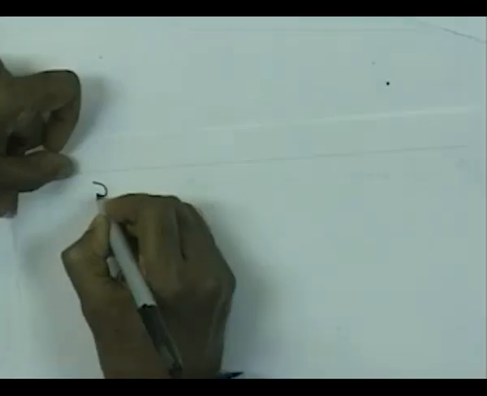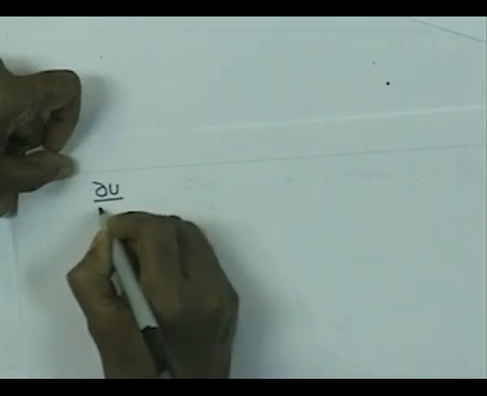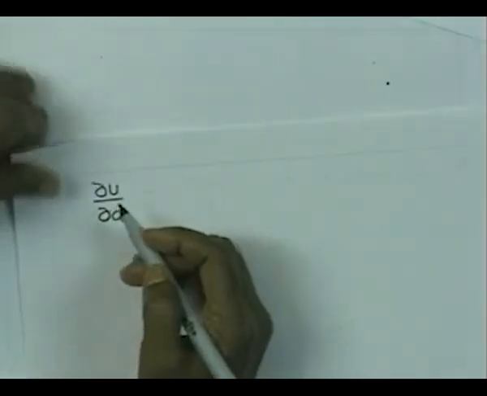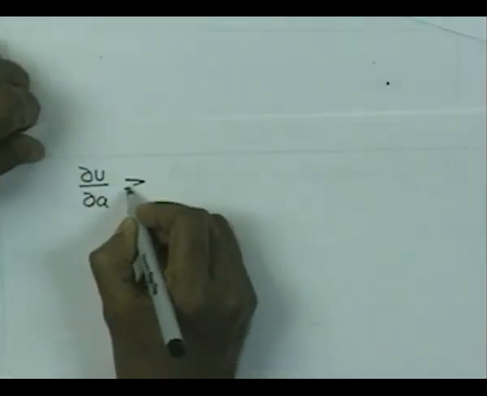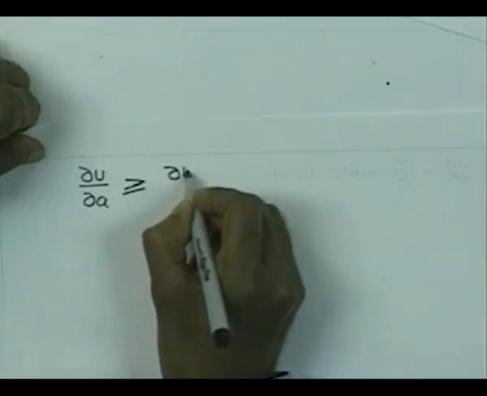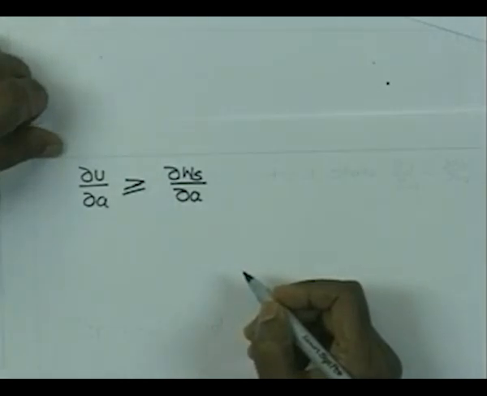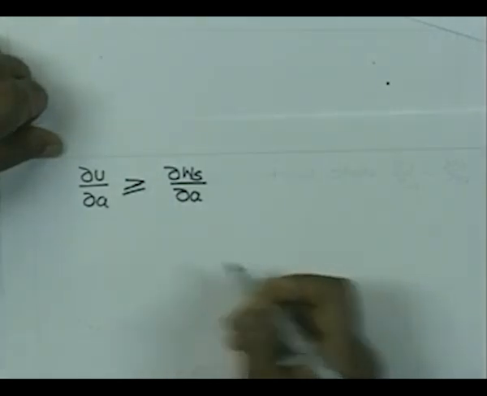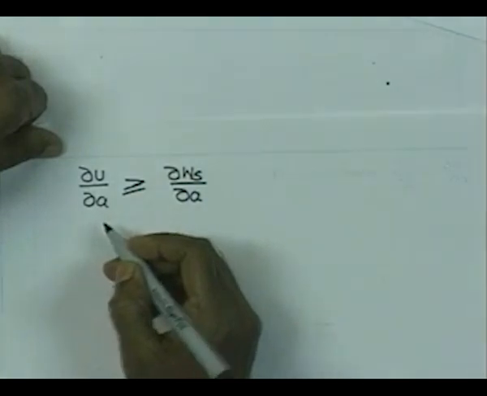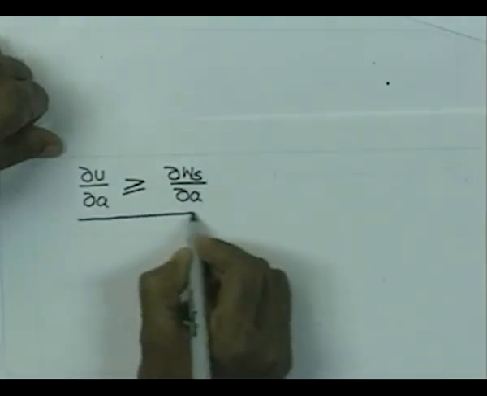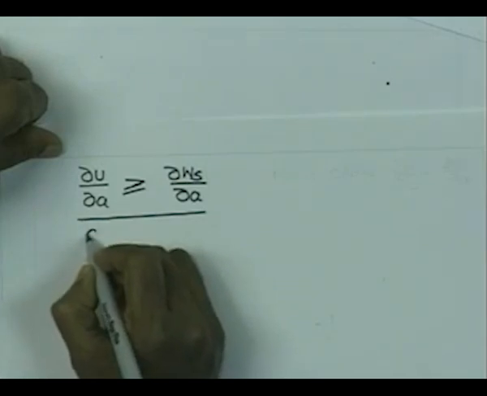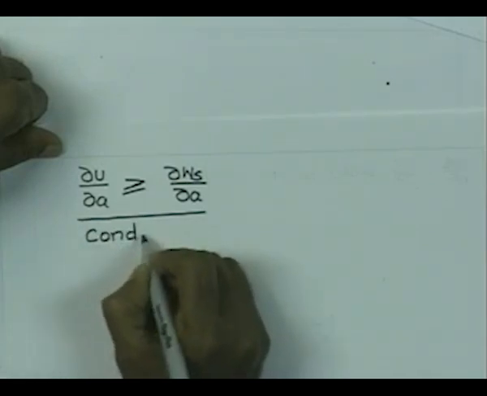So, we can now write the condition for the unstable crack extension: delta U by delta A, which is the rate of release of strain energy, should be greater than or equal to the rate of absorption of surface energy, that is delta Ws by delta A. So, rate of release of strain energy greater than or equal to the rate of absorption of surface energy. This is the condition of unstable crack extension.